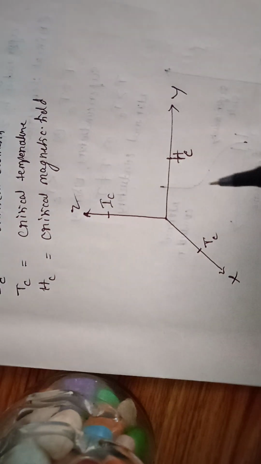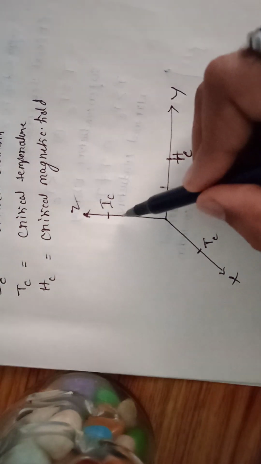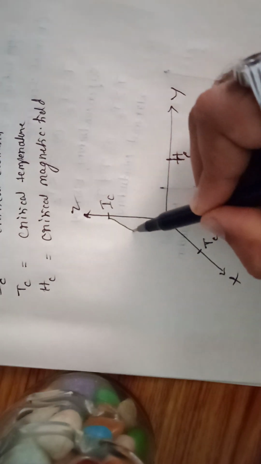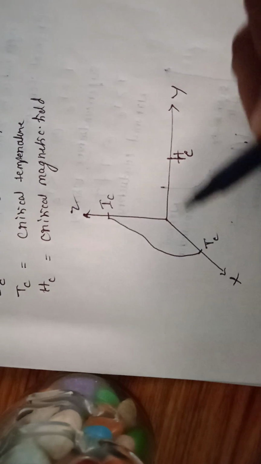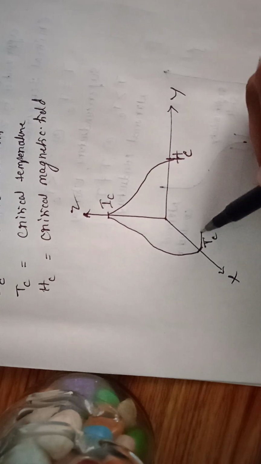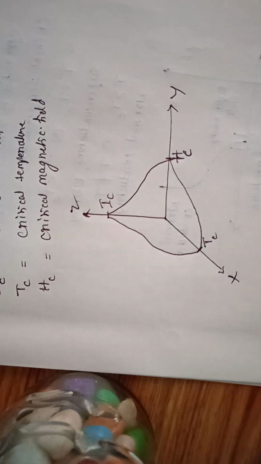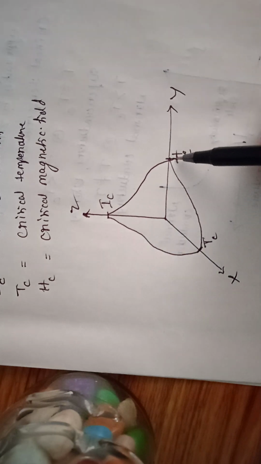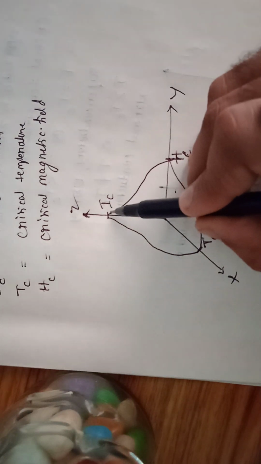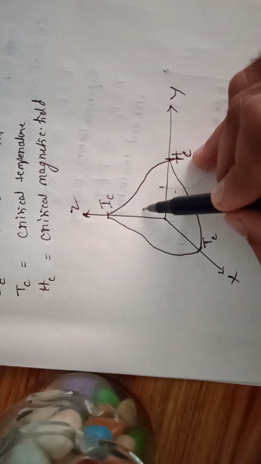See here, the superconducting behavior exists only within this region. This is the superconducting phenomenon. Within this region, this is the transition magnetic field HC. Below this, the material is superconducting. This is IC. Below this, the material is superconducting.